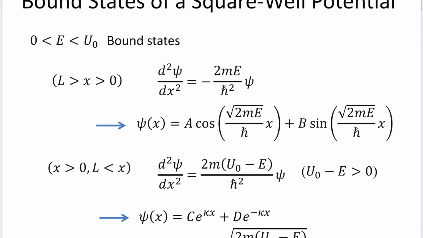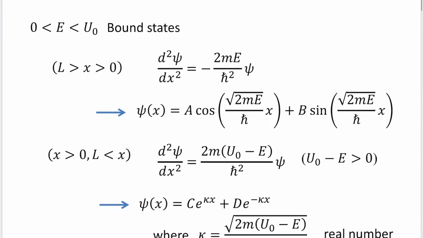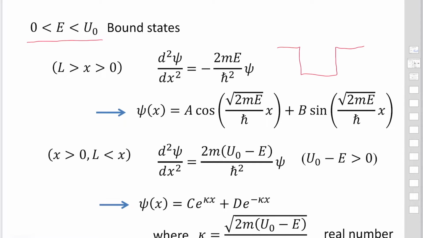Then the Schrödinger equation is expressed for the case where the energy is lower than the potential energy. So if you draw the energy levels, this is U sub 0, the height of the potential.